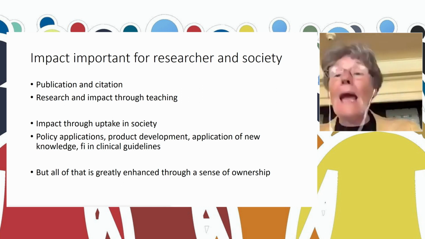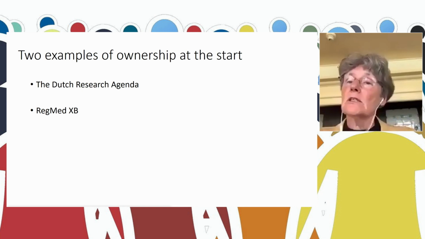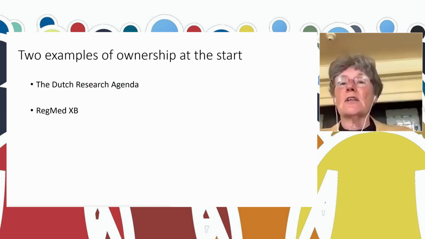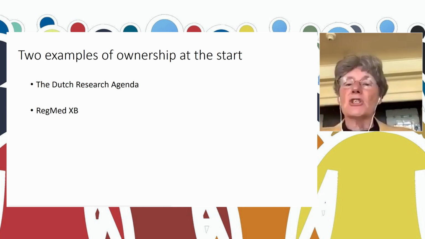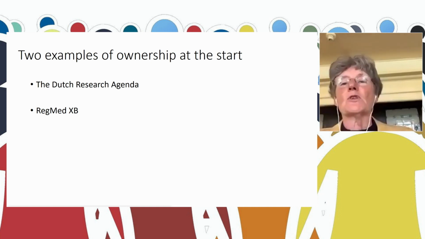And now moving on to the next slide, the two examples I want to discuss with you are, one, the Dutch research agenda, which was already mentioned, which started in 2016, and I chaired that for part of its course. And the second one is regenerative medicine cross borders, RegMed XB, in which Flanders is also a very active participant.